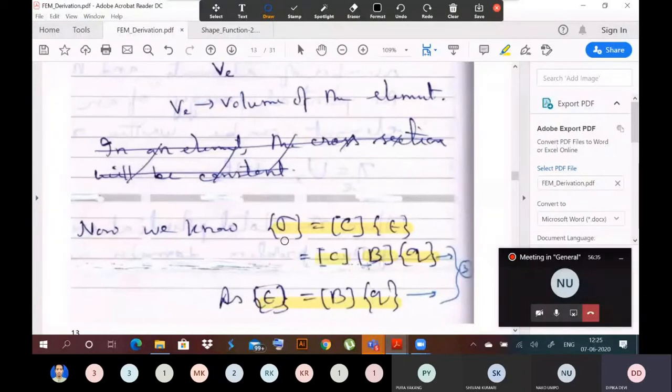So we'll have different vectors depending on the number of nodes in an element and type of the element. So these are the general expressions for stress and strain, which can be used in the expression of strain energy.